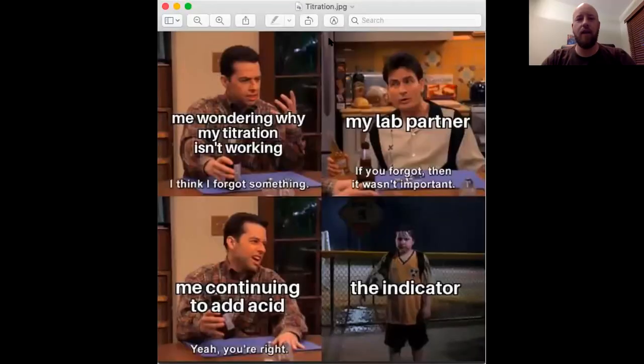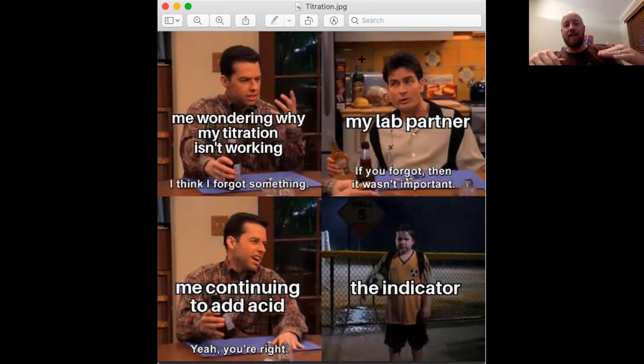This is kind of one of my jokes from the lab about doing titrations: you're mixing a clear acid and a clear base, and if you don't put the indicator in there, you're just making water, right? You're not seeing anything without the indicator. The indicator is an organic molecule that changes upon a pH change.